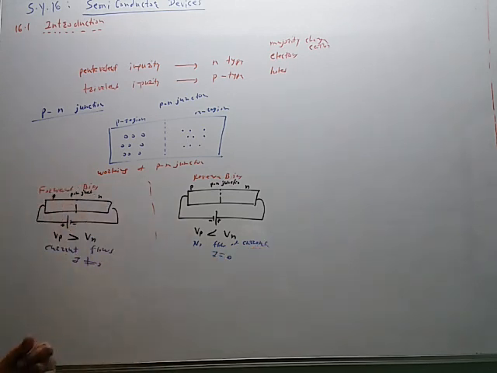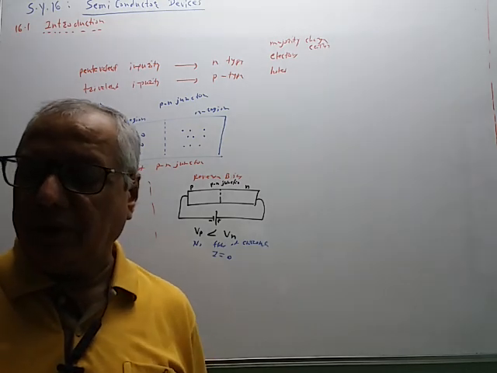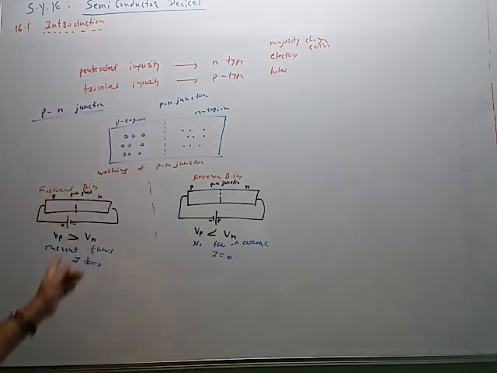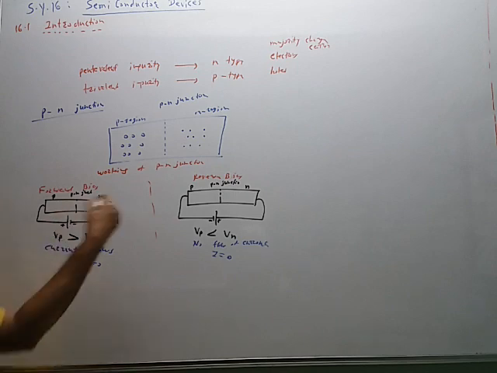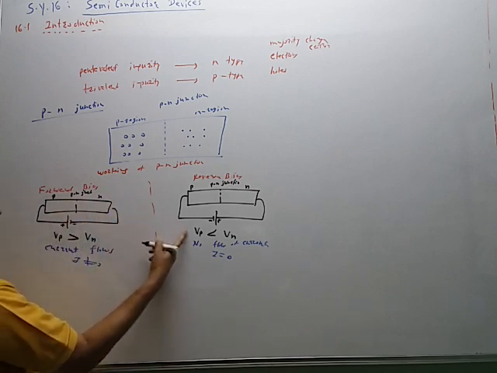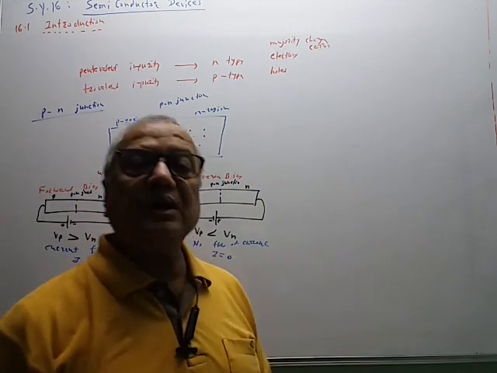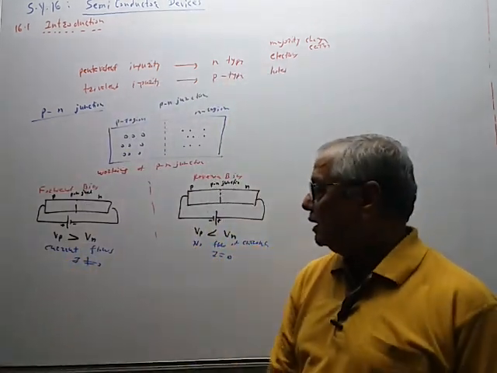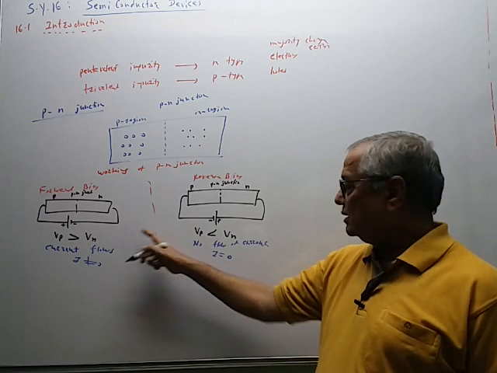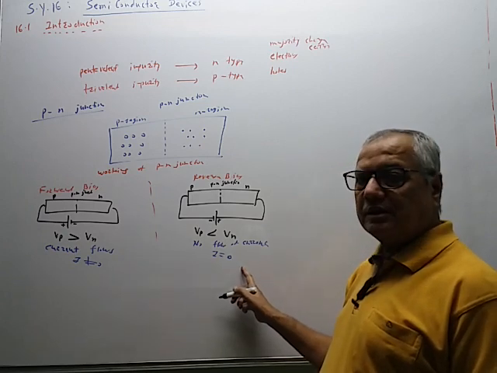So we have seen this working in detail last year. Now, what is the use of this result? There is no current, there is a current, and therefore PN junction behaves as a switch, a semiconductor switch. It provides the current in forward bias, no current in the reverse bias.